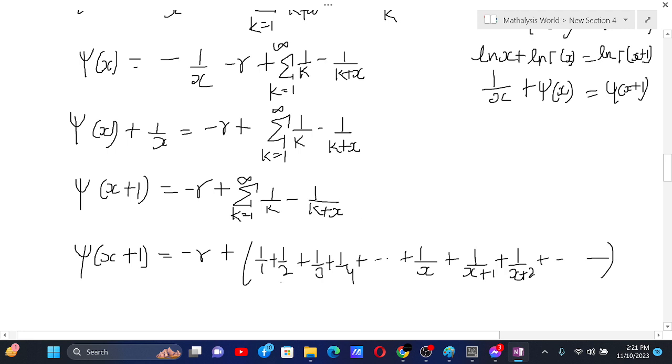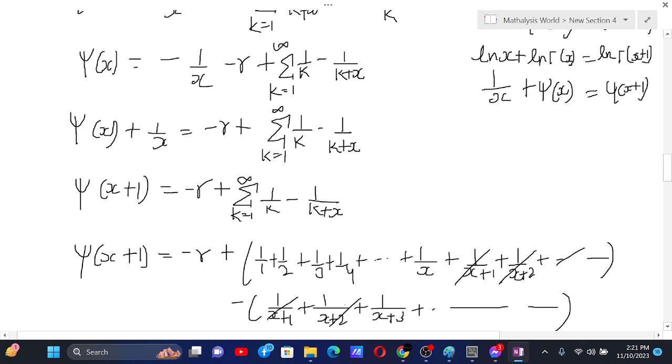In the next sum we begin with 1 by x plus 1, and then 1 by x plus 2, and then 1 by x plus 3, and it goes on. So basically these terms cancel out. Every term after those should cancel out. So this just remains.